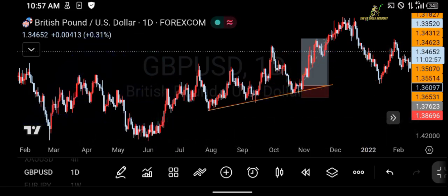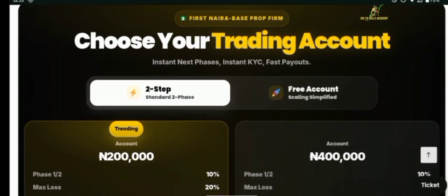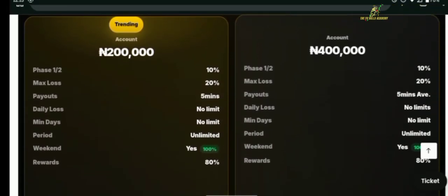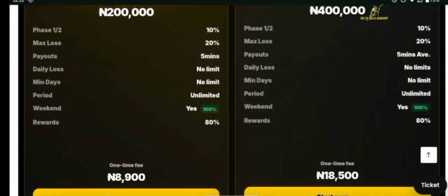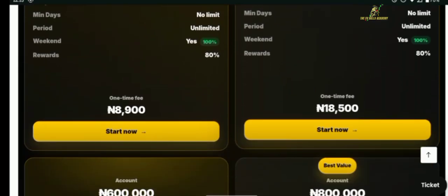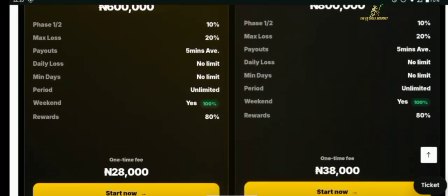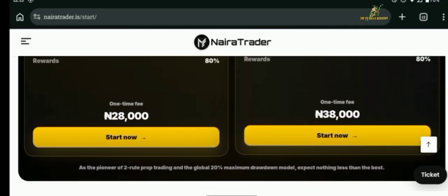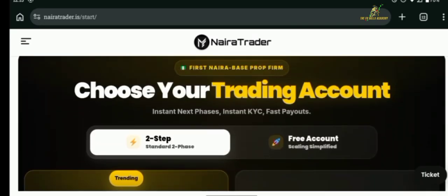The profile I'll be recommending for you guys is a Naira trader profile. I don't have a dollar profile that you guys can trade with. So the one I'll be recommending for you as a Nigerian is the Naira prop trader. That profile is only for Nigerians who are ready to trade in Naira. You'll be given an account in Naira and funded in Naira.